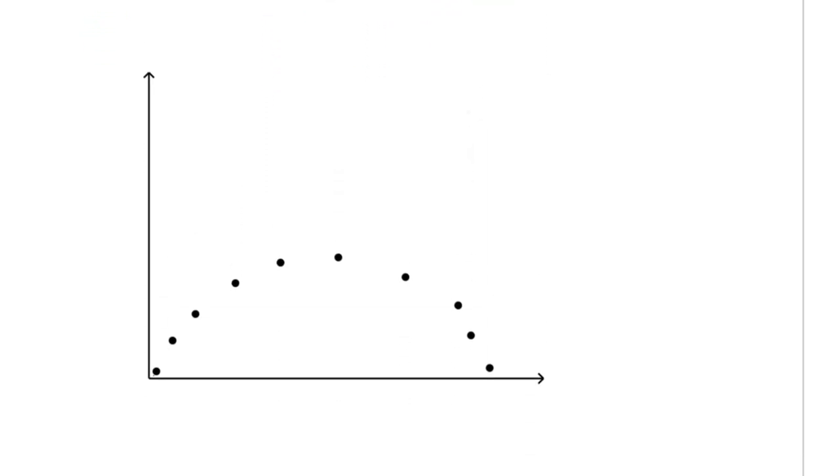And finally, what's different about this one? Well, it is not a straight line. This is a curve. So this is a non-linear relationship. So there's a pattern, but it's curved. And if I was trying to show the trend, I would have to draw a curved line. And what could this one represent? This one might be how fast you are as a runner. So running speed and age.